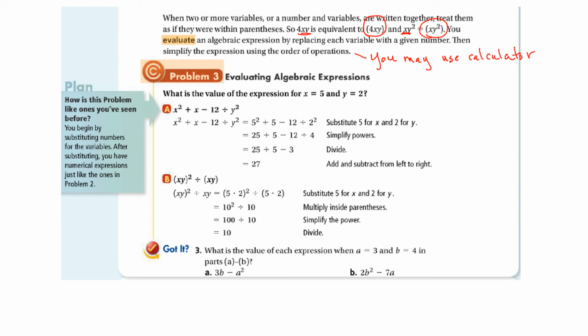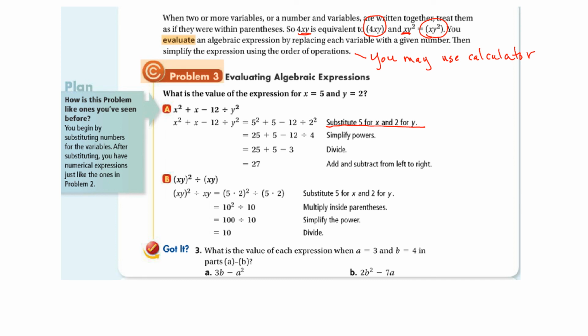If we look at this example problem, I have x squared plus x minus 12 divided by y squared. First, I'm going to substitute for each x and y in the expression. I'm going to substitute 5 for x and 2 for y. Substitution step.